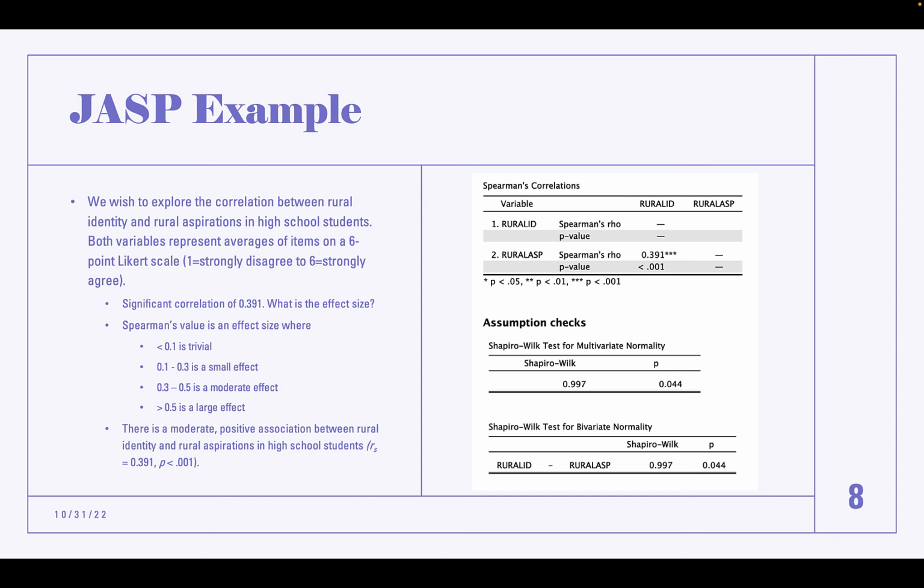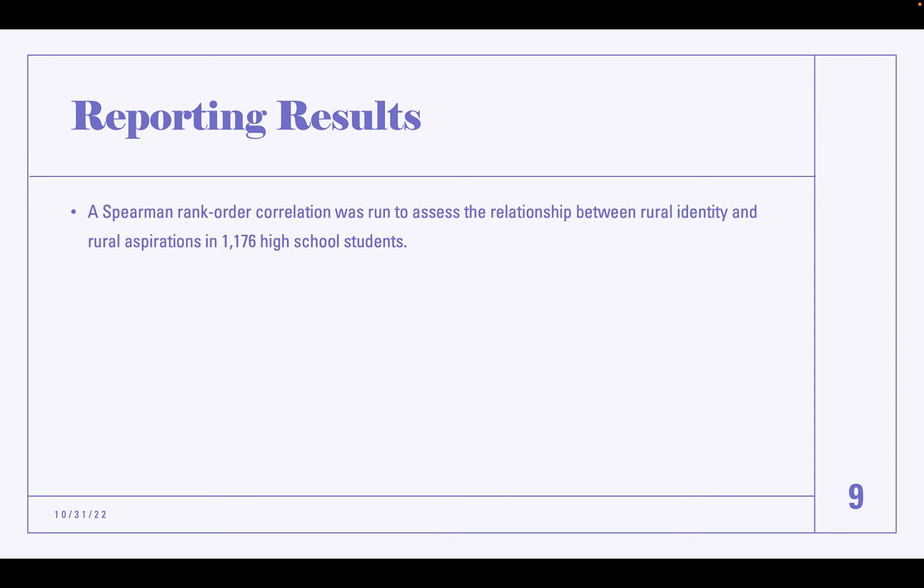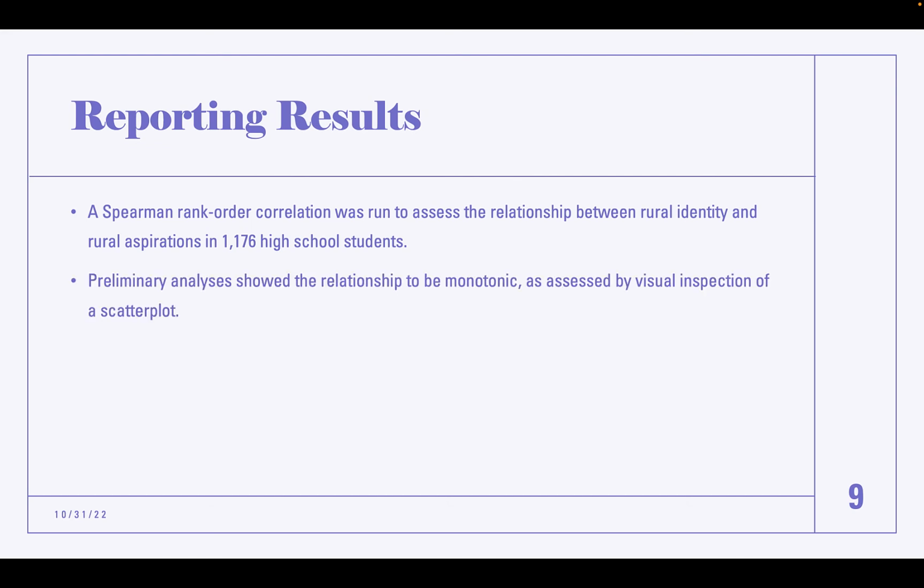All right, so what about reporting all of the results? How does this change from Pearson's correlation? We would start by saying a Spearman rank order correlation was run to assess the relationship between rural identity and rural aspirations in 1,176 high school students. Preliminary analyses showed the relationship to be monotonic as assessed by visual inspection of a scatter plot.